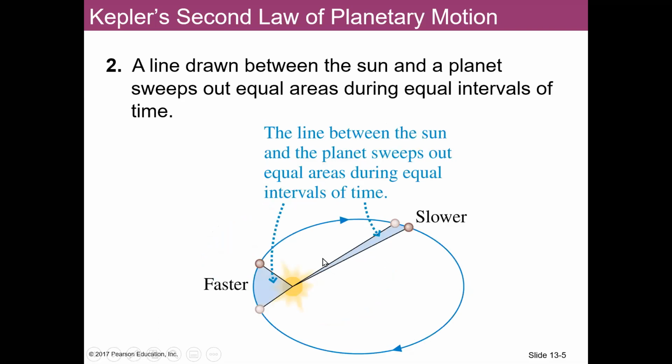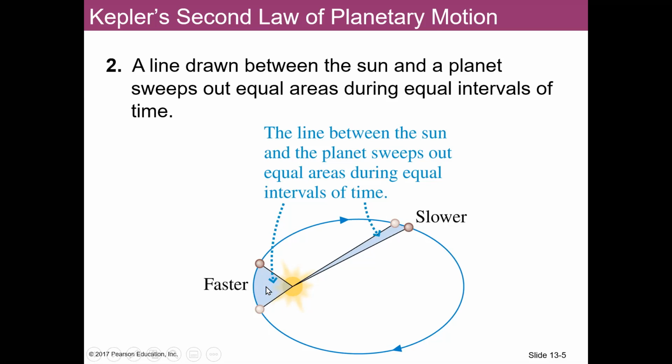Second law is what we call equal areas in equal times. So obviously, the closer to the sun the wanderer gets, the faster it's moving. It certainly says so right here, faster. The further away from the sun it gets, the slower it's moving.